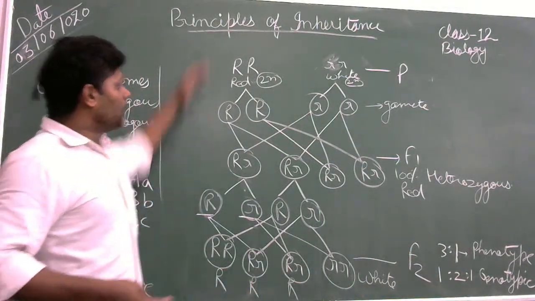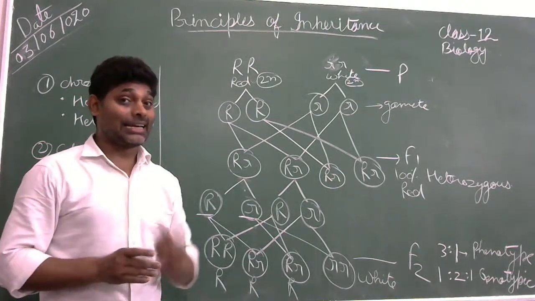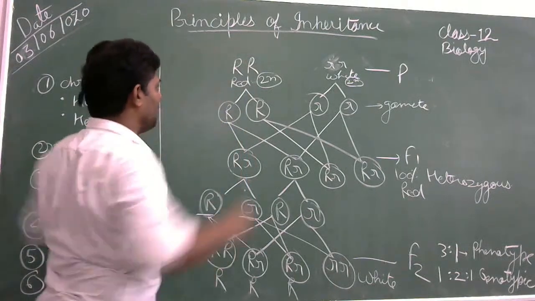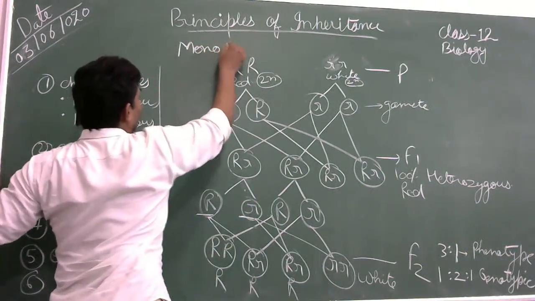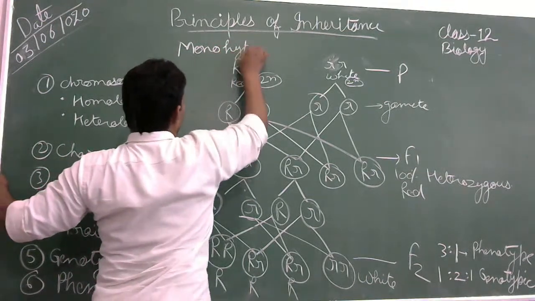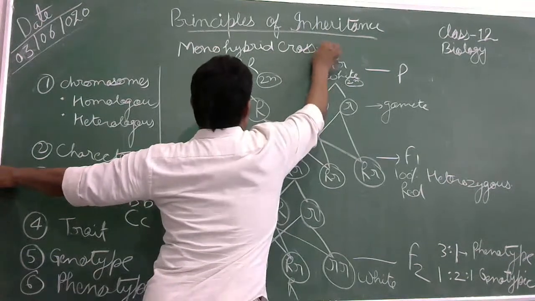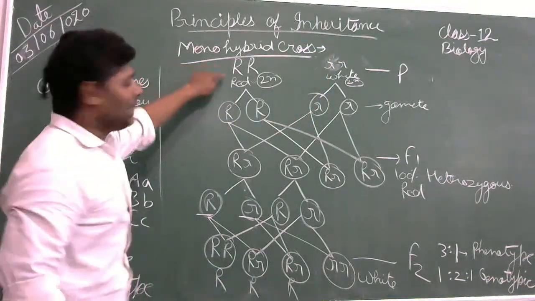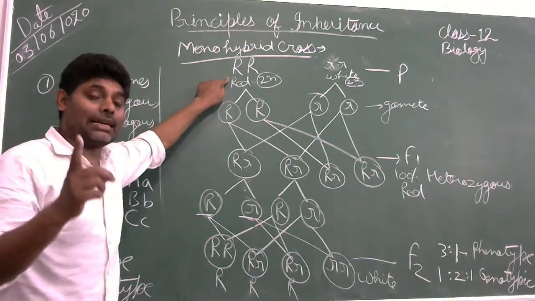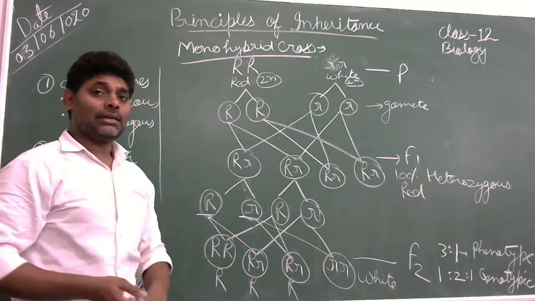When Mendel did this cross, we are considering here single characters. That's why he termed it monohybrid cross. Because here Mendel considered a single character, right?